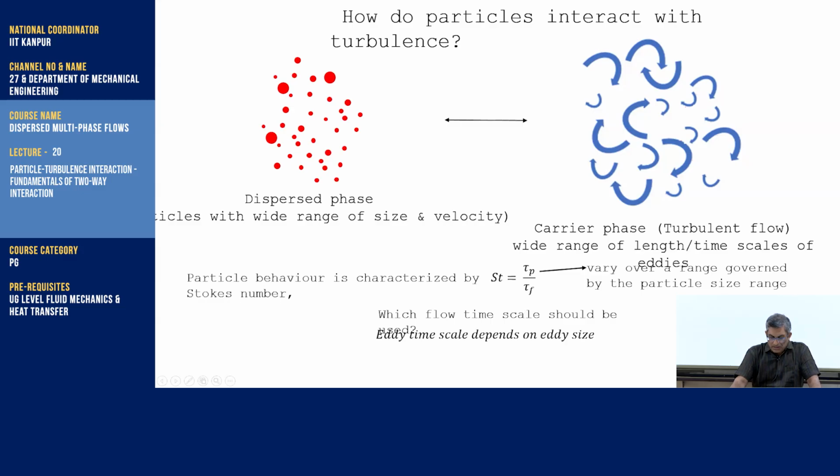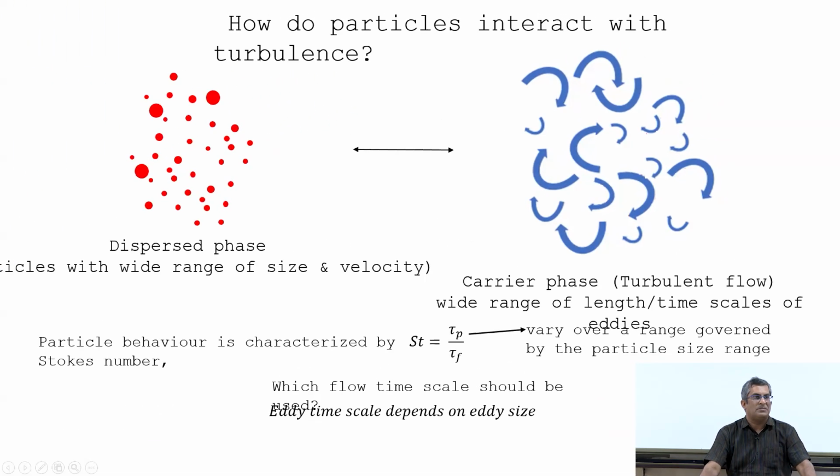Why? Because the time scale of the eddies depends on the eddy size. The time scale of the large eddies and small eddies are not the same. So now we can't get away by saying that there exists only one discrete time scale of the flow. So we have a time scale which varies with eddy size.